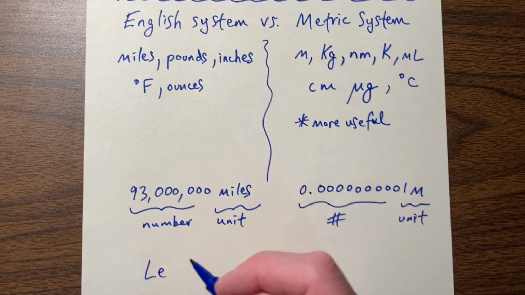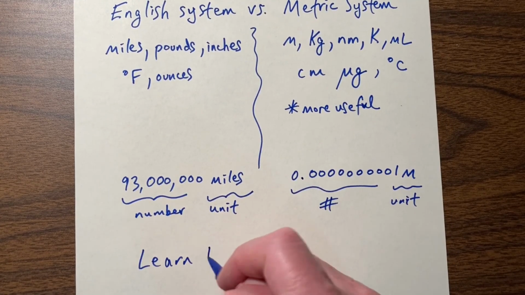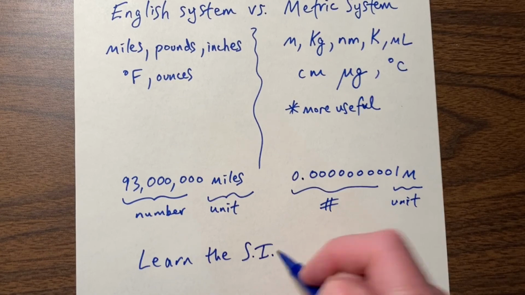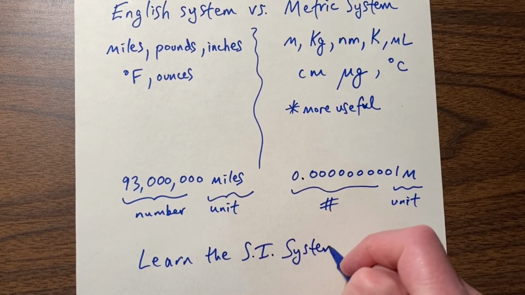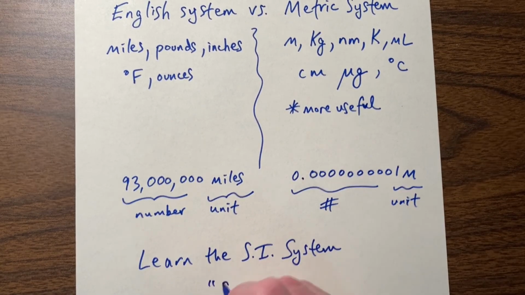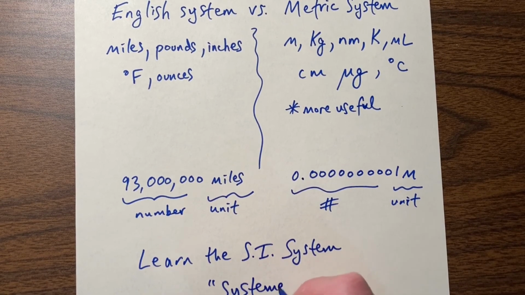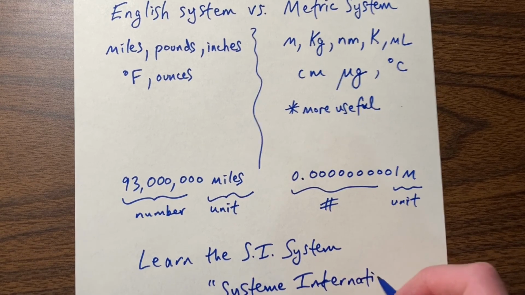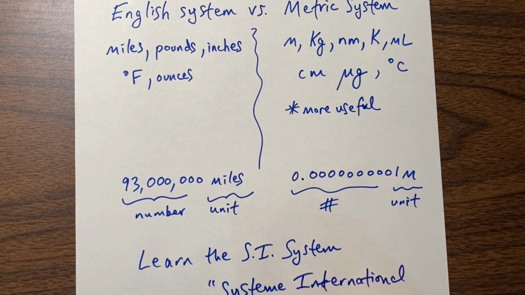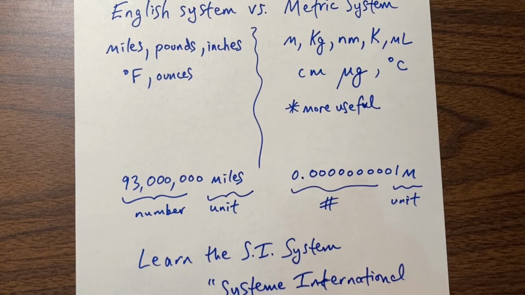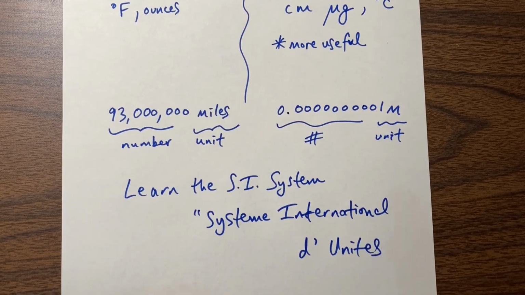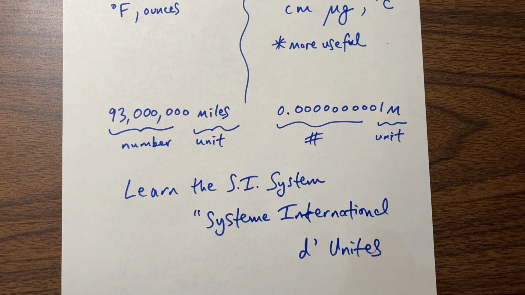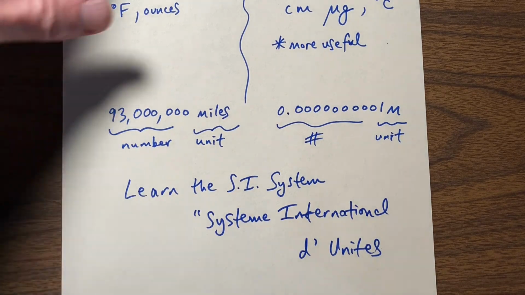So I want you to learn the SI system. It stands for Système International des Unités. It's French. So we call it the SI system for short. Some of the common units that we're going to use, there are 7 base units.